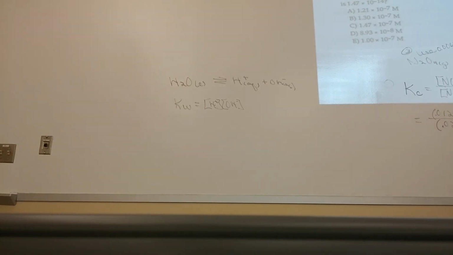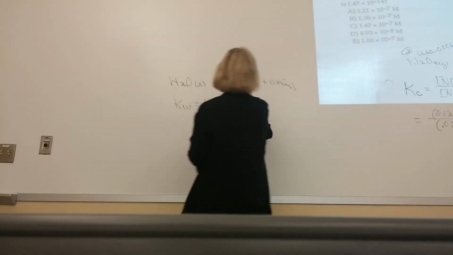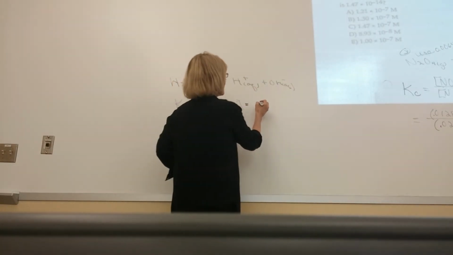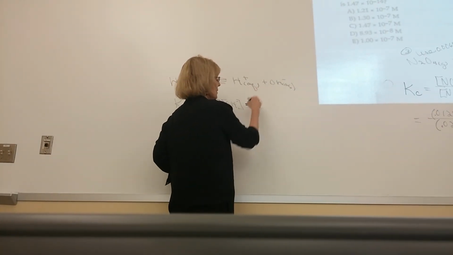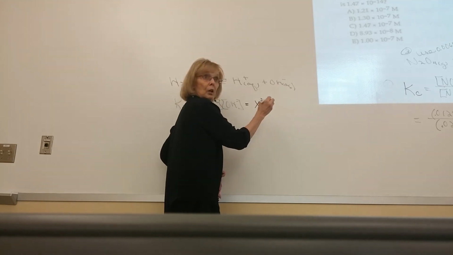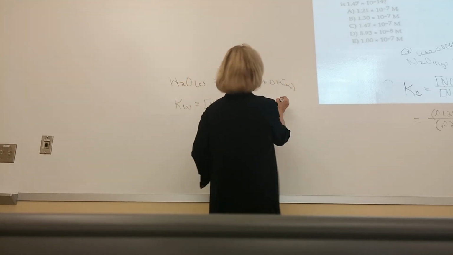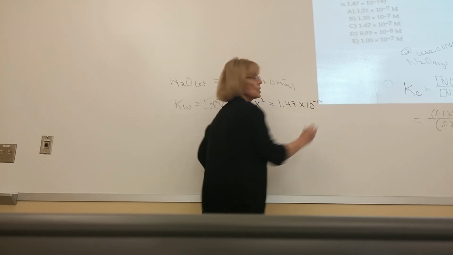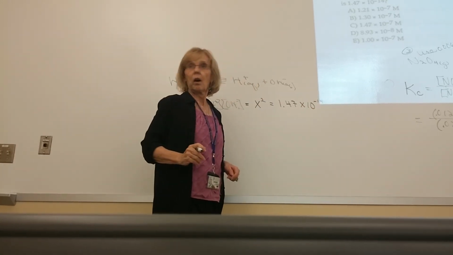So all I have to do, every time we make a hydrogen ion, we make a hydroxide in pure water. So could we just call that x times x, or x squared? And we have 1.47 times 10 to the minus 14.